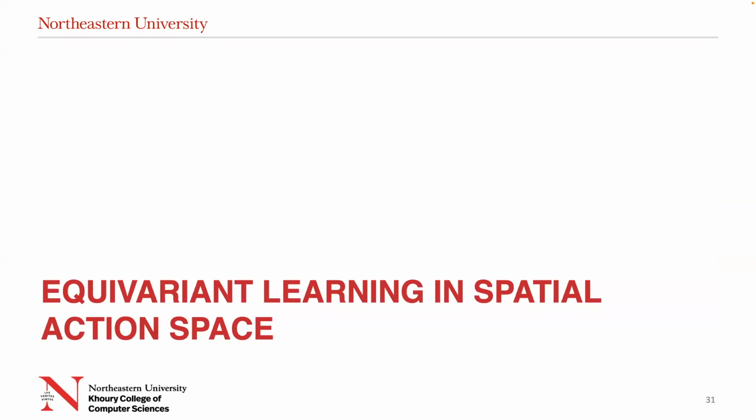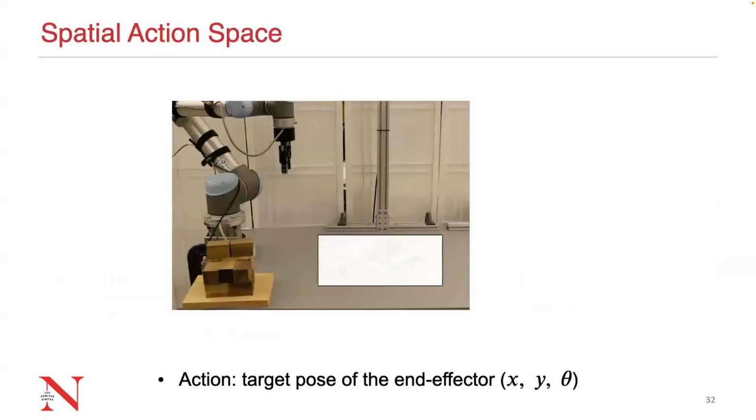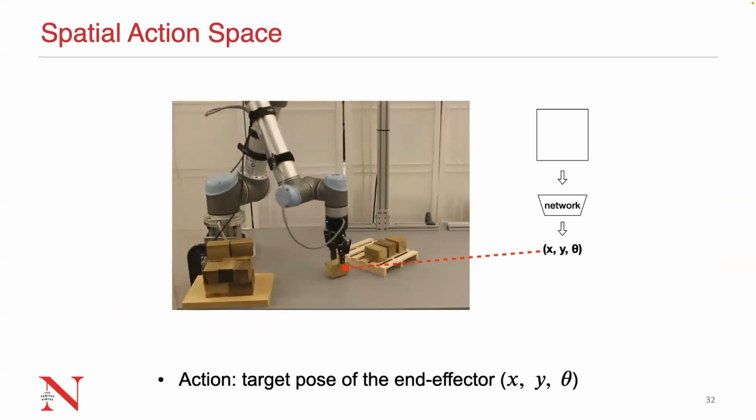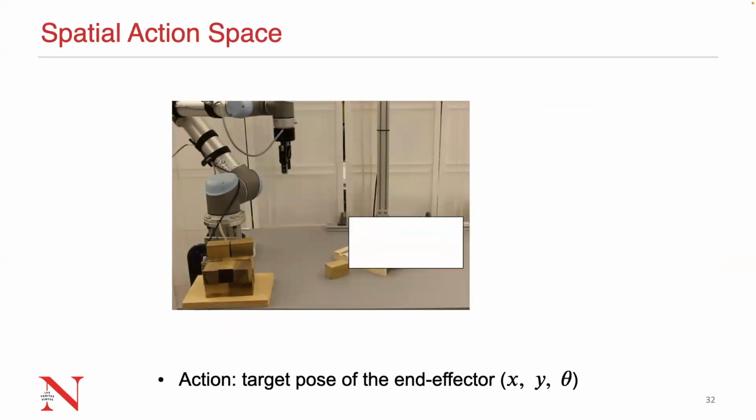All right, so I want to talk about the next topic: Equivariant learning in spatial action space. Recall that before, all of the works were in continuous control, where we were controlling the delta action of the manipulator. Here, for the spatial action space, we will be controlling the target pose of the manipulator.